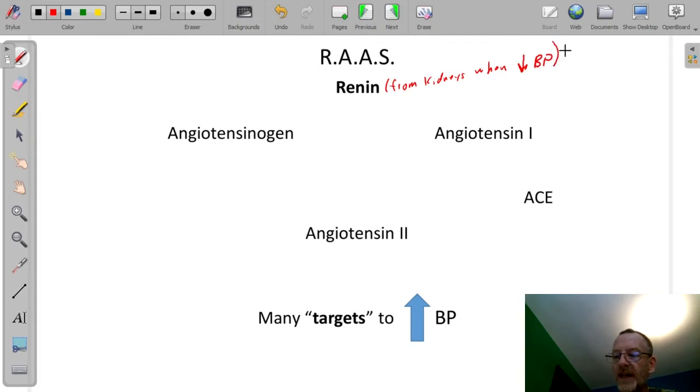Okay, so renin now is in the blood, and there are several other plasma proteins. One of these is angiotensinogen, and the ogen ending again means inactive. And again, this is made in the liver.